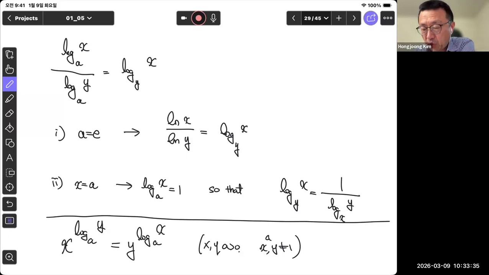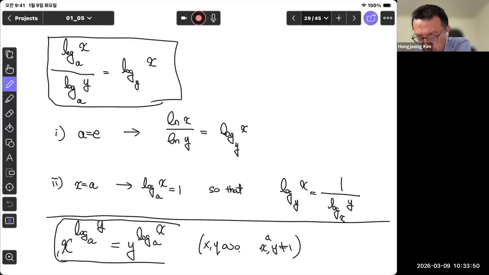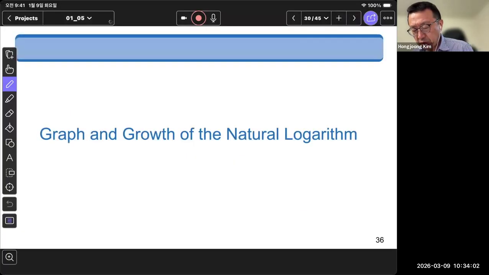A, x, y are not ones, but positive. Then we have this property. So these are some properties of the logarithmic function which may be used in many examples. I guess you are familiar with this. You already know this, I guess.